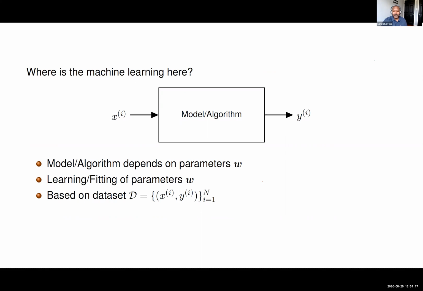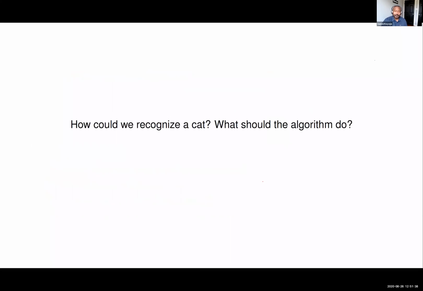So in particular, we assume the existence of a data set of size n, and this n is important. It'll come up over and over again. N will generally be our notation for the size of a data set. And so each example comes as a pair, an input and output pair, xi, yi. And I assume that I see n of these, and based on these, I can tune the right parameters for my model. Okay, so now we know what the formal definition of a machine learning system is.